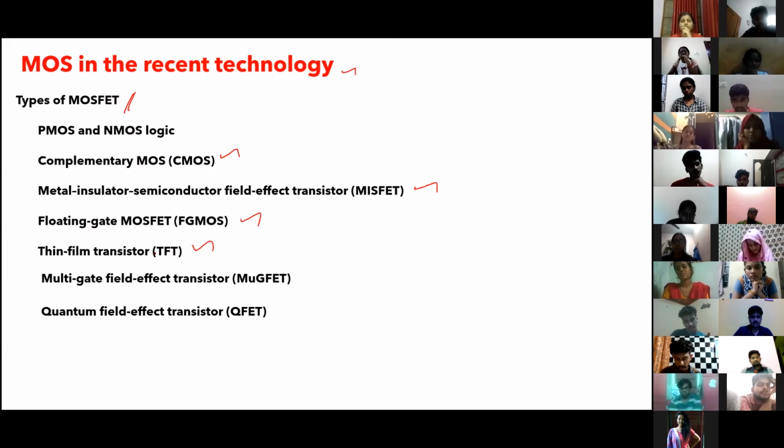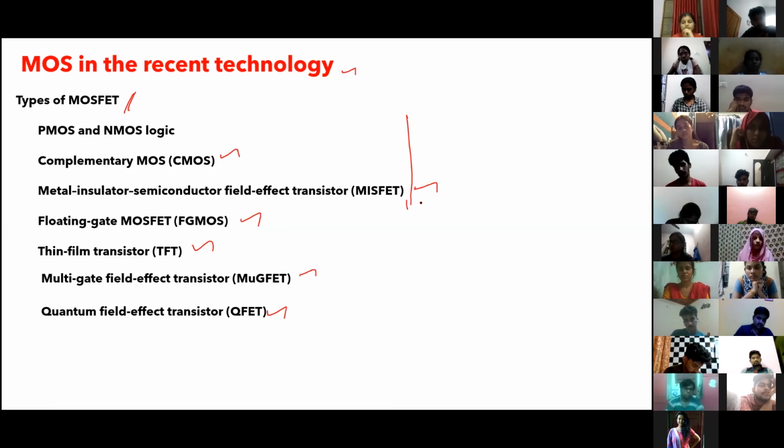That's why we have all these LEDs and screens, because of the thin film transistors, and multi-gate field effect transistors and QFETs, quantum field effect transistors, which use quantum tunneling. These are the evolution of the MOSFETs to recent technology, many types of FETs we are using in recent electronics.